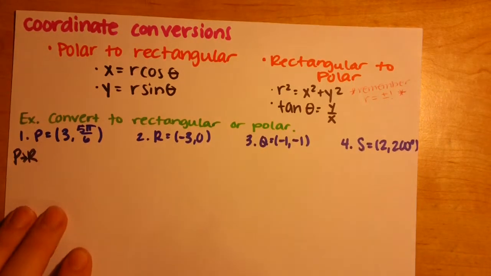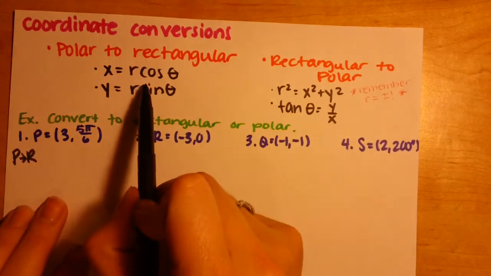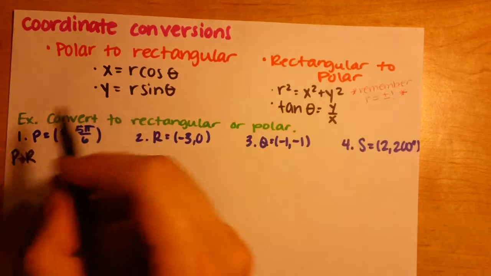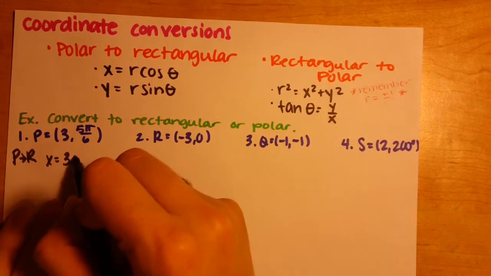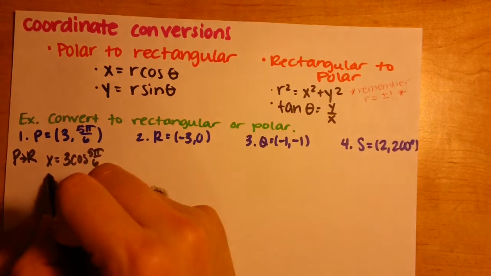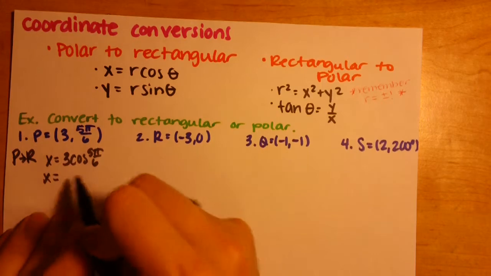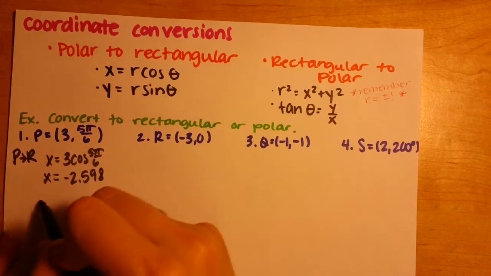Okay? So we know going from polar to rectangular we can use the following. X is going to be r cosine theta, y is r sine theta. So x equals r cosine 5 pi over 6, so x equals negative 2.598.